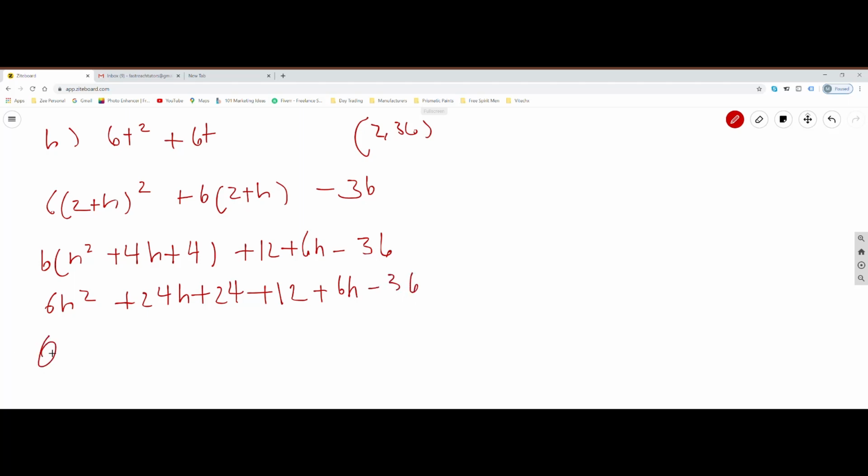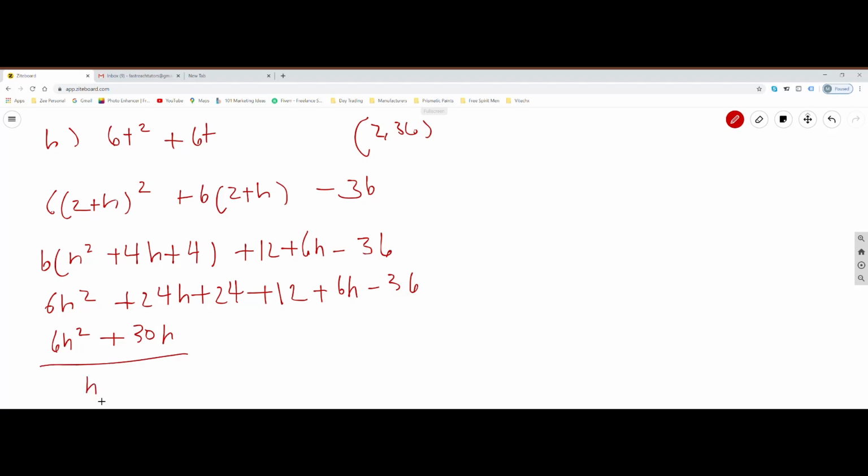So you have 6h squared, and 24h plus 6h is 30h. And then 24 plus 12 is 36, minus 36 is 0.